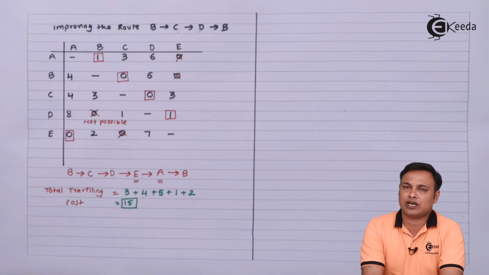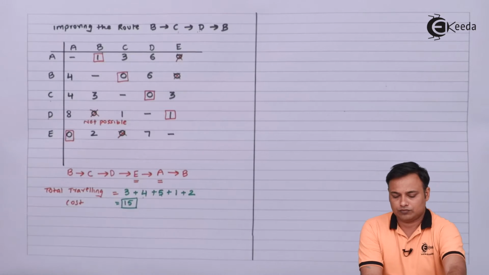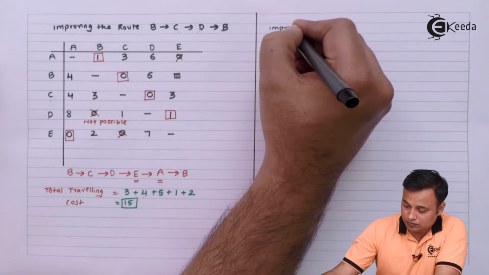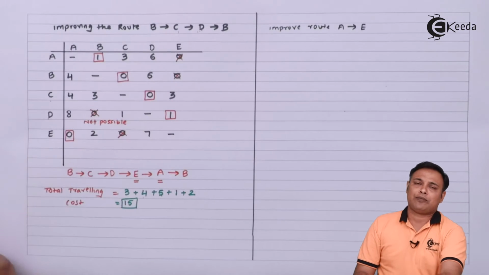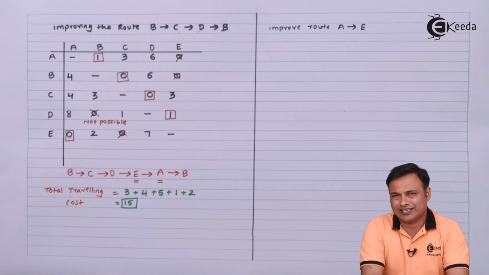Now let's try to improve the other route. Can I obtain the solution by using this route? Let's see.